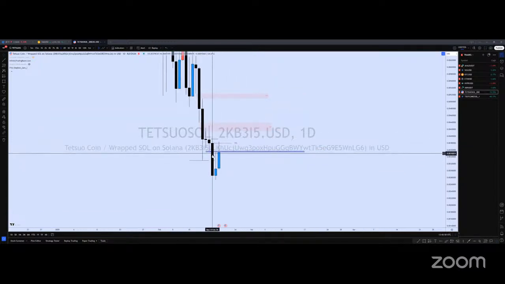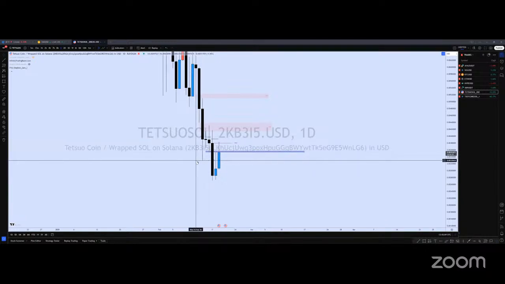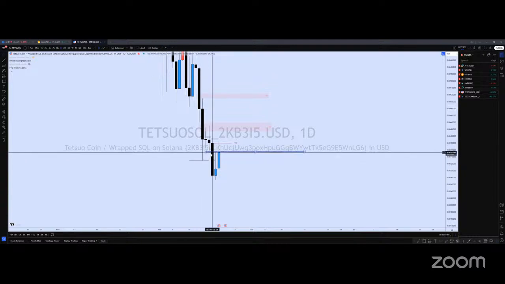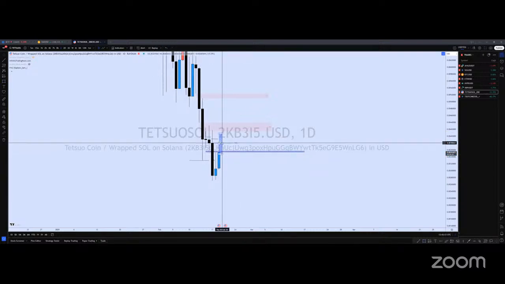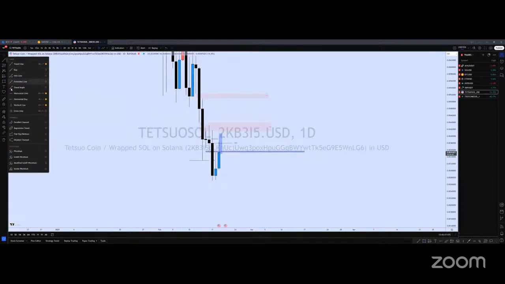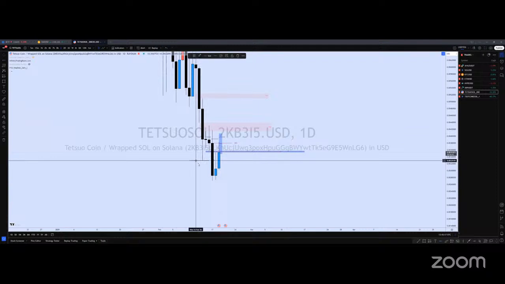This week has started and we went down first. It took out a previous week low. It left a gap here. If we can go above this gap like this, the week is likely to end up rejecting this low.